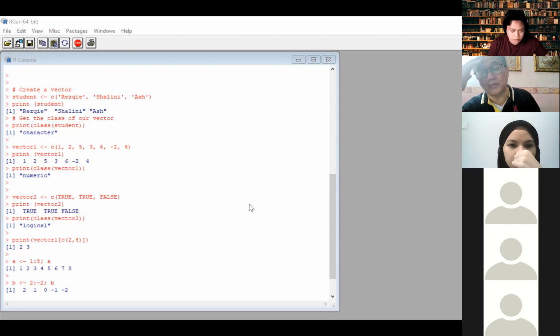I think next week I will start using RStudio. For this round, we use the normal R console, the basic R console.